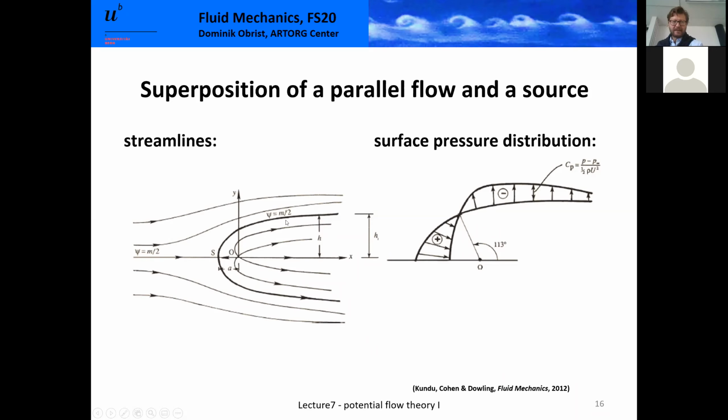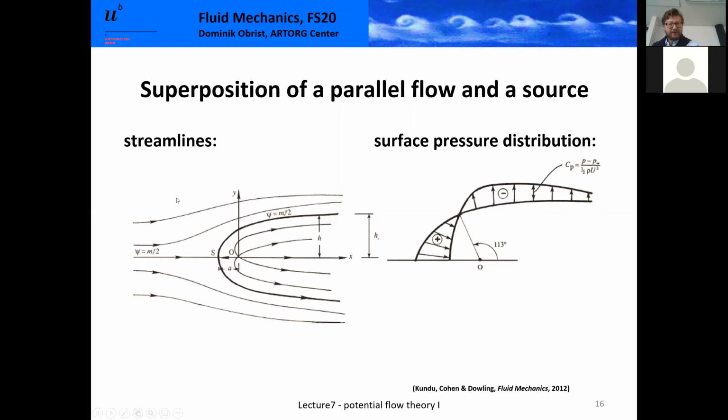So we can think of this as the leading edge of a blunt body, maybe the leading edge of a wing or an airfoil. And the streamlines here are streamlines going around this leading edge of the airfoil.